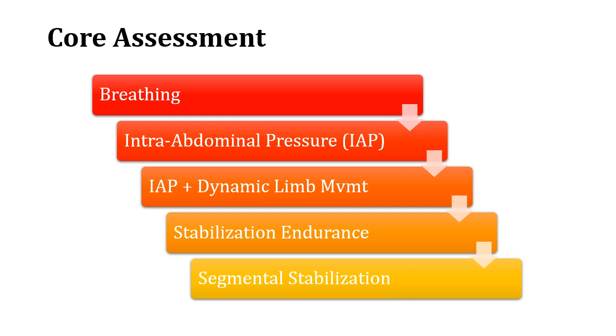Then intra-abdominal pressure with dynamic limb movements, which will incorporate the Sahrmann progression, which really speaks to the coordination here. And then the stabilization endurance, and then segmental stabilization. For clarity, the stabilization endurance is done through the McGill endurance battery, and the segmental stabilization can be performed in more functional movements such as the Functional Movement Screen.